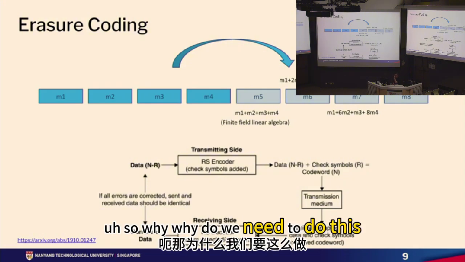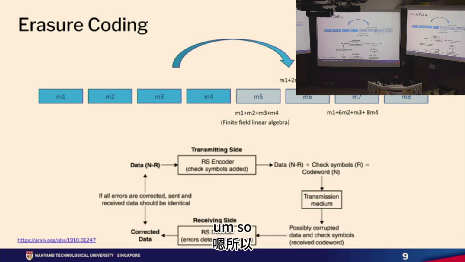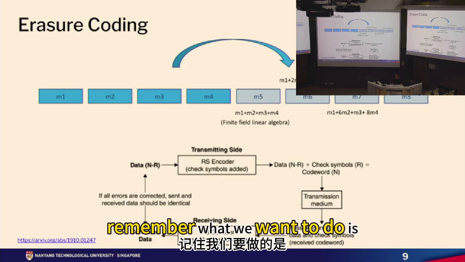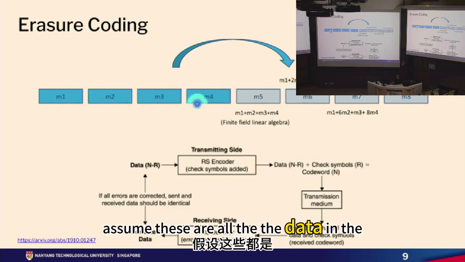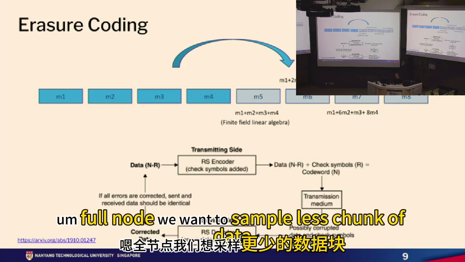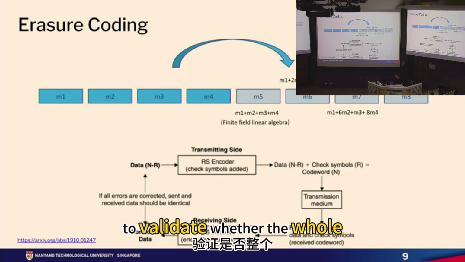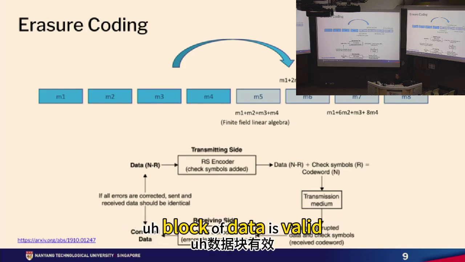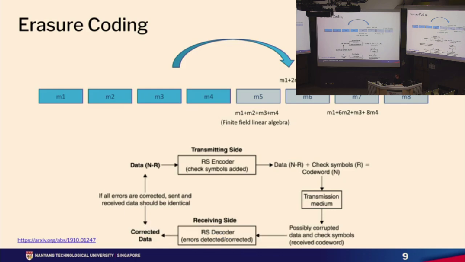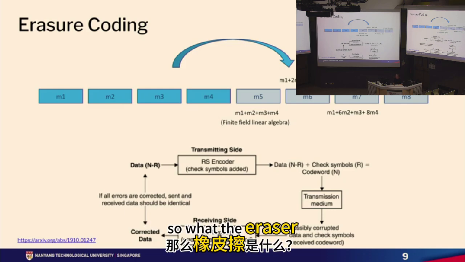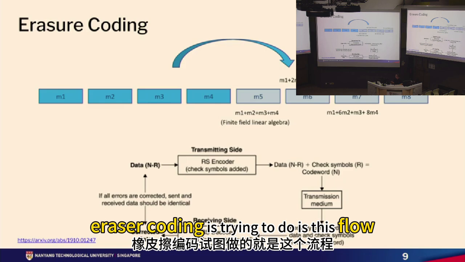So why do we need to do this? Remember, assume these are all the data in the full node. We want to sample fewer chunks of data to validate whether the whole block of data is valid. So erasure coding works in this flow.